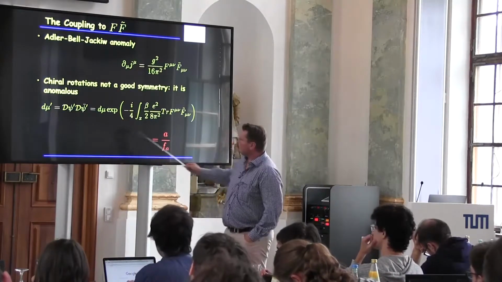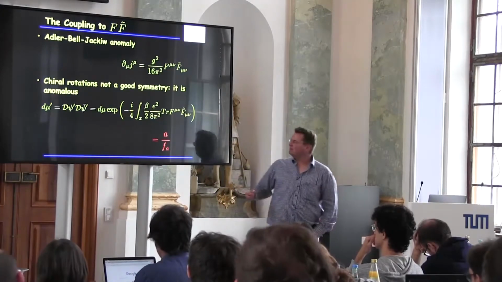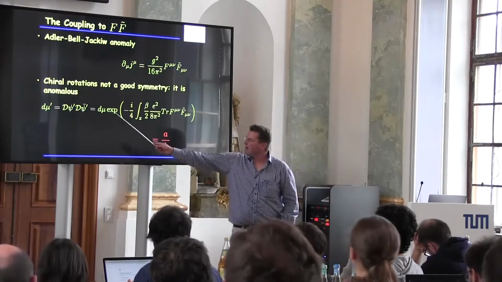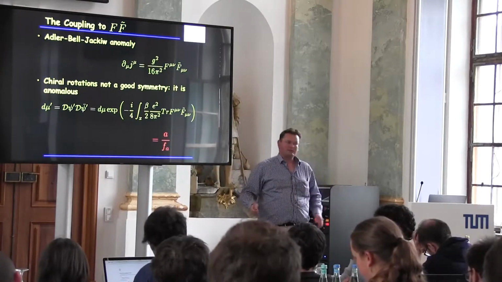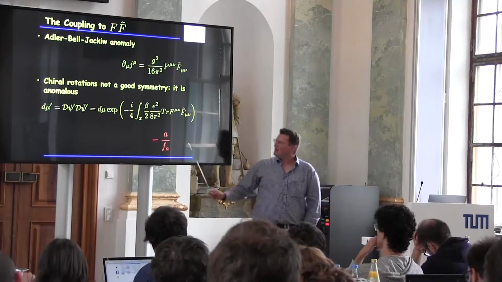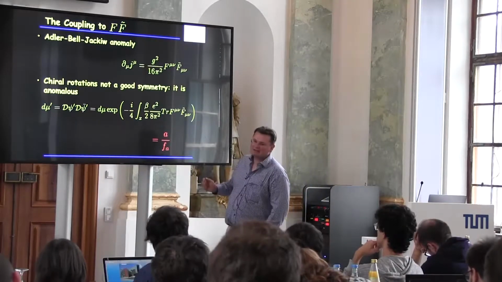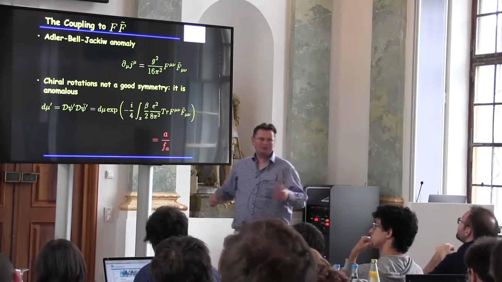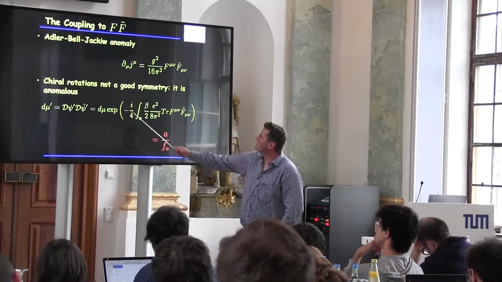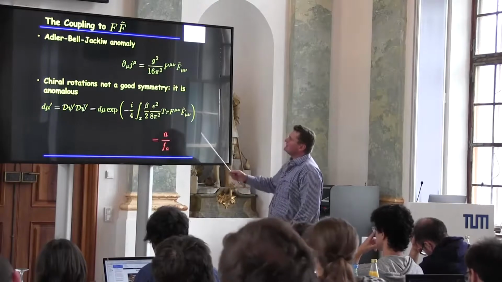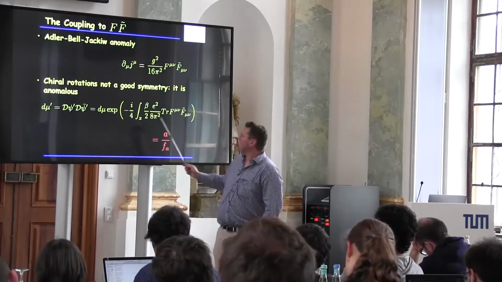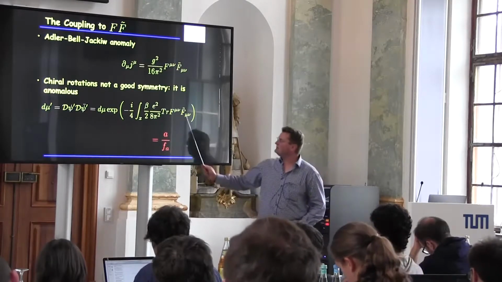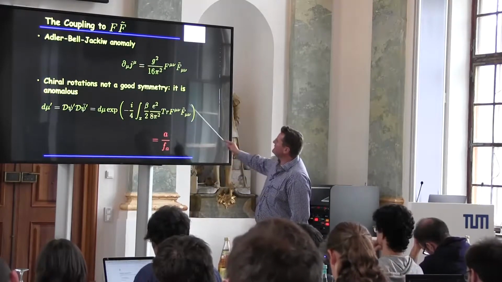It's a rather lengthy calculation, that's why I'm not going to do it. But you can, for example, look it up in Peskin and Schroeder. If you do these axial rotations and you take care of all the potential divergences, what you find is that this measure is not invariant under these chiral rotations, but instead you get an extra term.